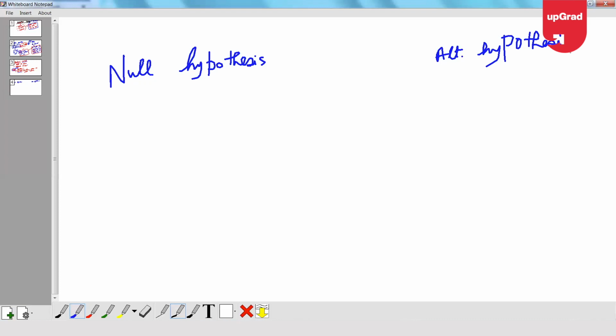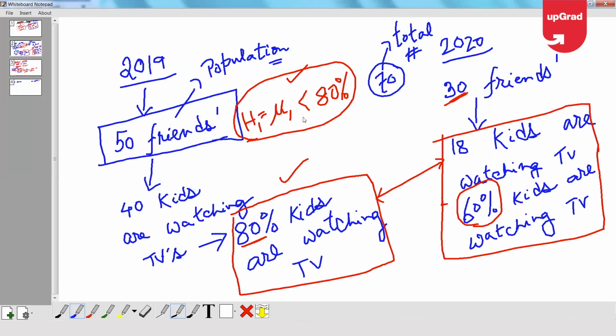So from this alternate hypothesis, I have formed a statement, and somehow my intuition, my assumption, my gut feeling, which is my alternate hypothesis, I want that to be true. I want to prove that true. Here, I want to prove that kids are watching less TV. Here, less is from the baseline data, as I said, which is 80%. How can I prove it true?